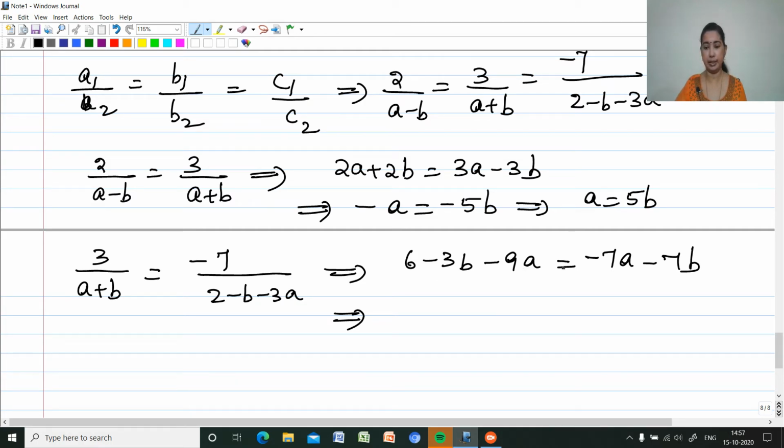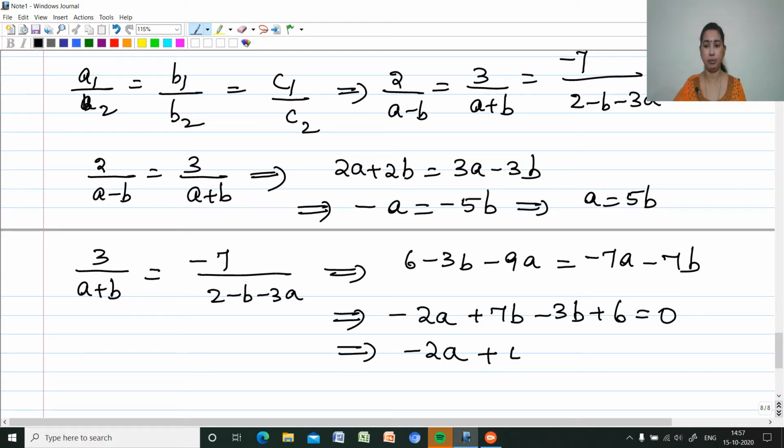So minus 9a plus 7a is minus 2a. Then plus 7b, here minus 3b, plus 6 equal to 0, or we can write it as minus 2a plus 4b plus 6 equal to 0. 2 is common, so minus a plus 2b plus 3 is equal to 0.